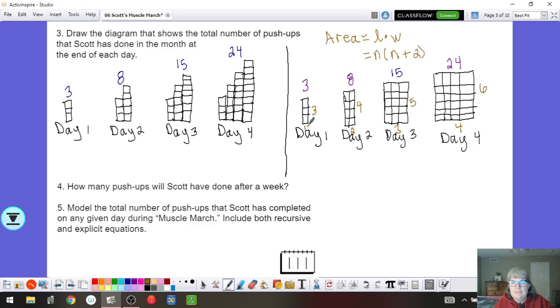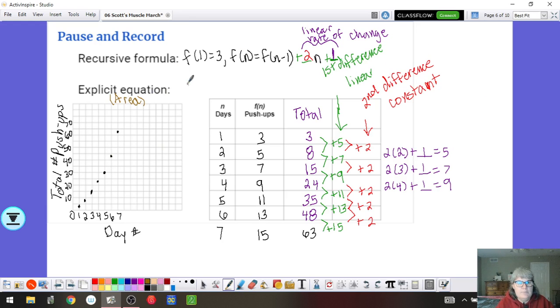So we can say that to find the area of each of these rectangles, I'm going to take the day number times the day number plus 2. So let's go back to our explicit equation. We're going to have f of n equals n times n plus 2.